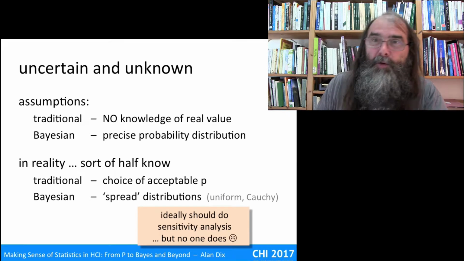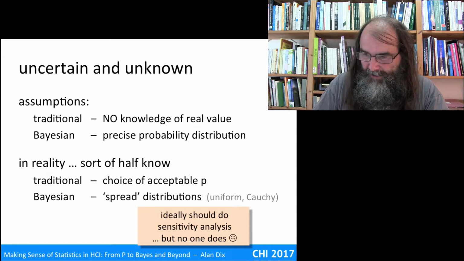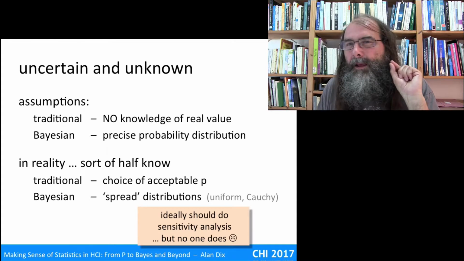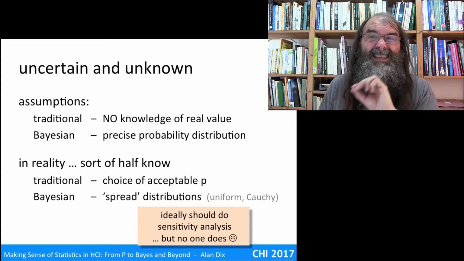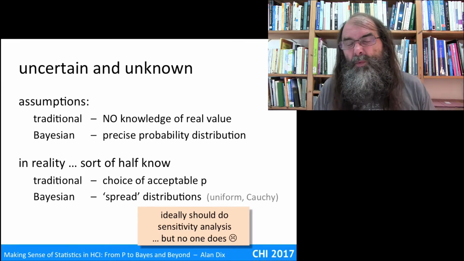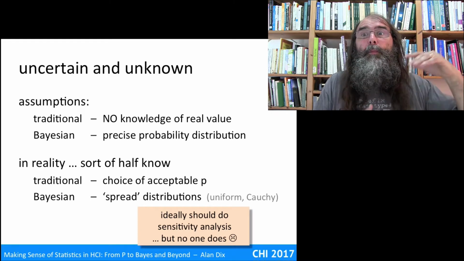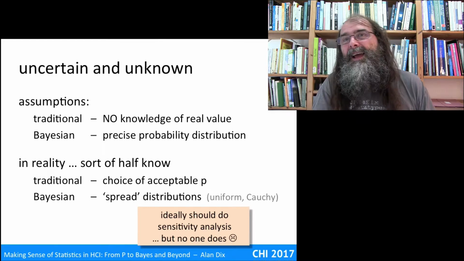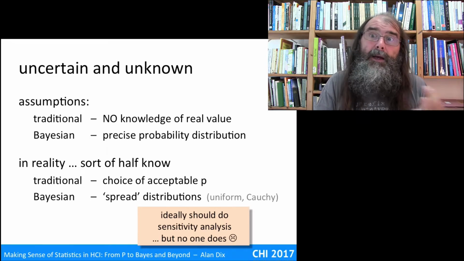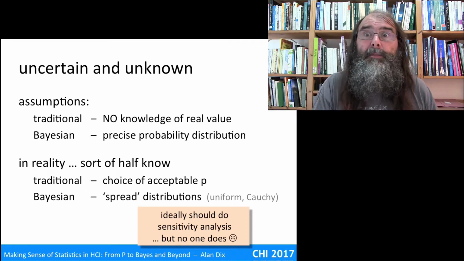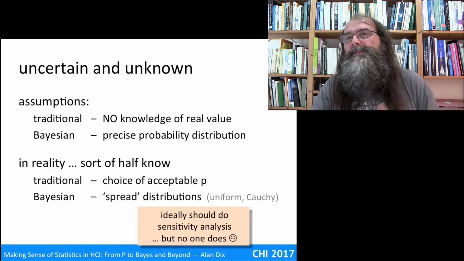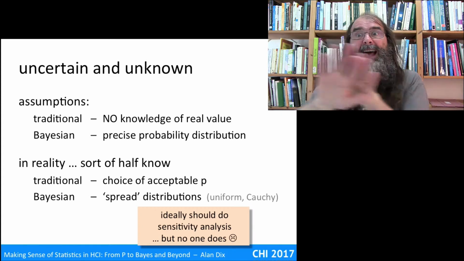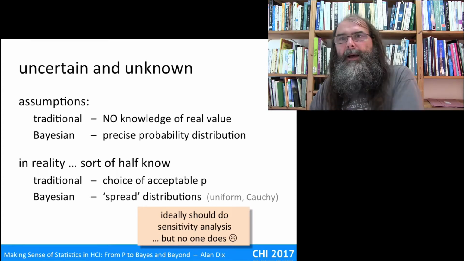Oh yes, I almost forgot, so I'm glad I've got my slides here. Ideally, in the Bayesian world, what you can do is what's called a sensitivity analysis. You noticed when I gave my example, I put a prior up and then I showed a different prior, and we looked at the answers there. You might try deliberately multiple priors, and that gives you some sense as to how much the knowledge you're putting into the prior has influenced what's come out at the end.